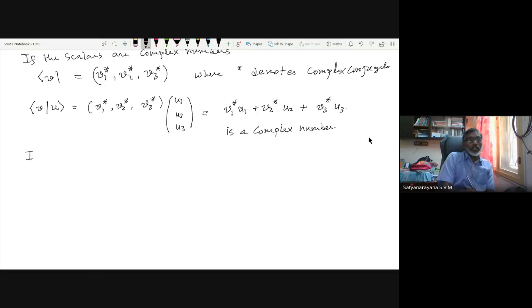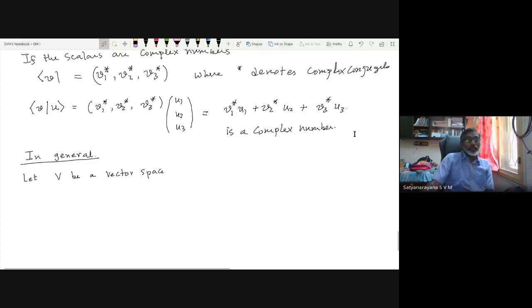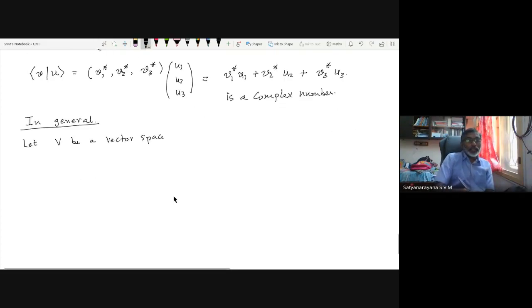So in general, let V be a vector space. And let v in V be a vector.